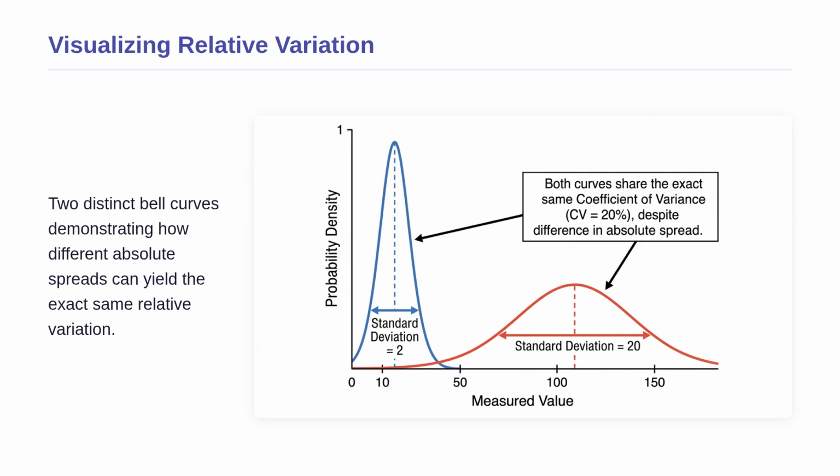The short, wide curve on the right has a much larger mean of 100 and a wide standard deviation of 20. Despite looking completely different in absolute spread, both curves have the exact same coefficient of variance of 20%. The diagram perfectly illustrates how variation scales with the mean.